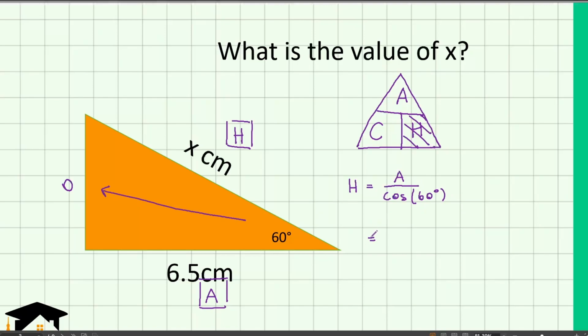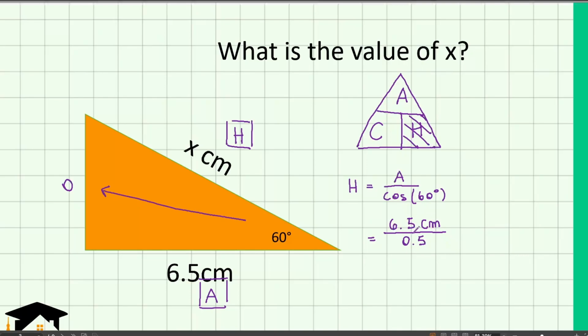The adjacent side measures 6.5 centimeters. And the cosine of 60 is another one of those trigonometric relations that we have to memorize. It is equal to 0.5.